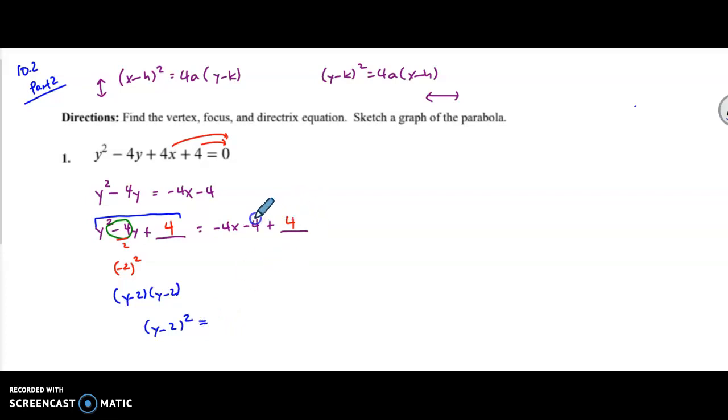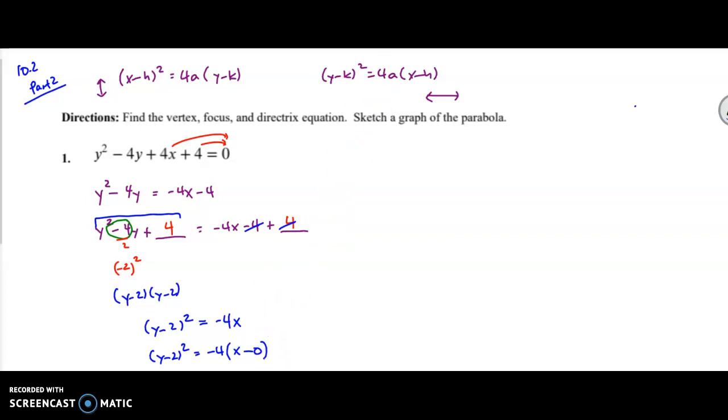On the right-hand side, the negative 4 plus 4 cancels out to 0. That's not going to happen every time, it's just for this example. So here we get equals negative 4x. Another way to write that is y minus 2 squared is equal to negative 4 times x minus 0, or x plus 0. It doesn't really matter.